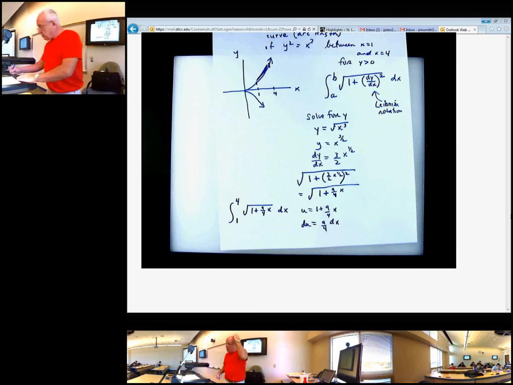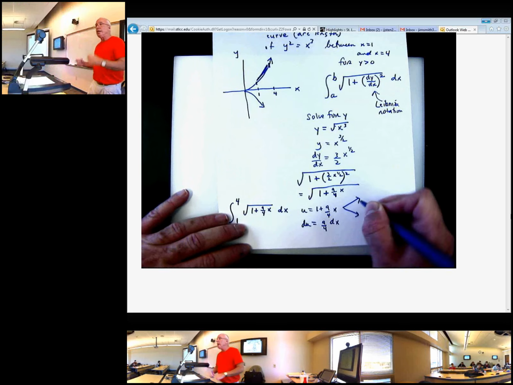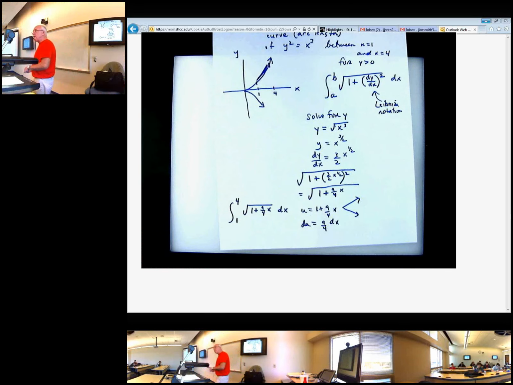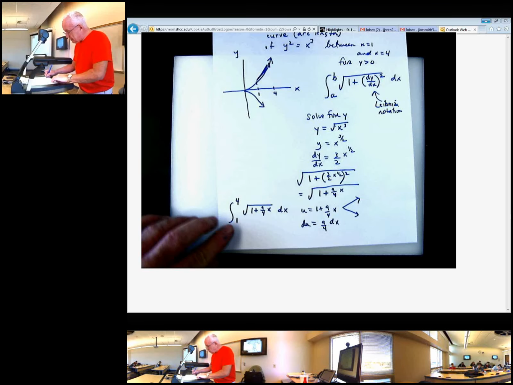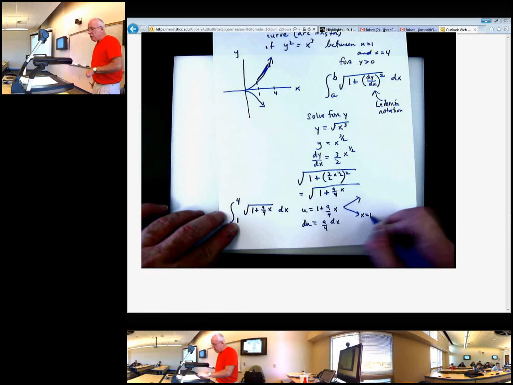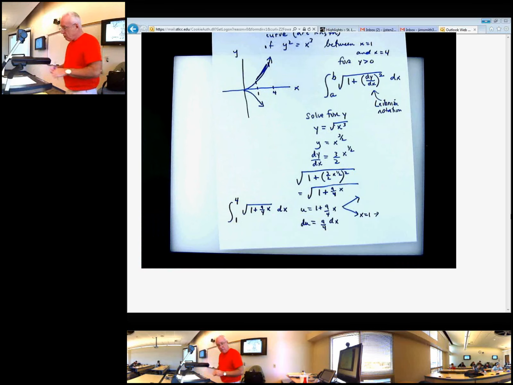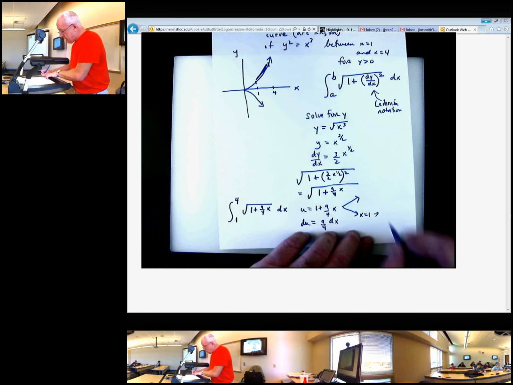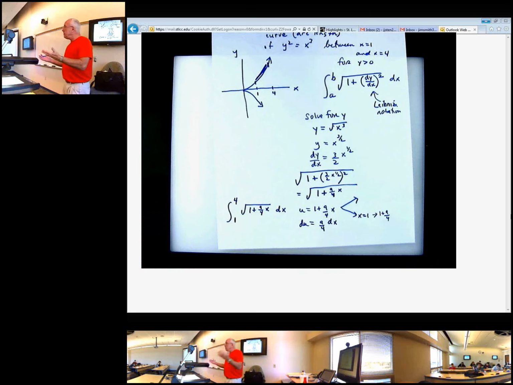And since we've got a definite integral here, I'm going to go ahead and change my limits of integration now, so that I can just keep with the u. So here, when x is equal to 1, my u is going to be equal to what? 1 plus 9/4, right? Which, when we combine them together, is 13 over 4.